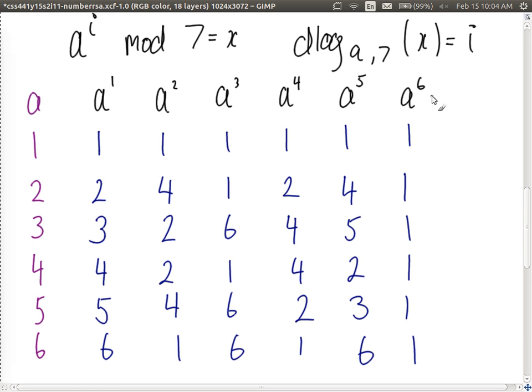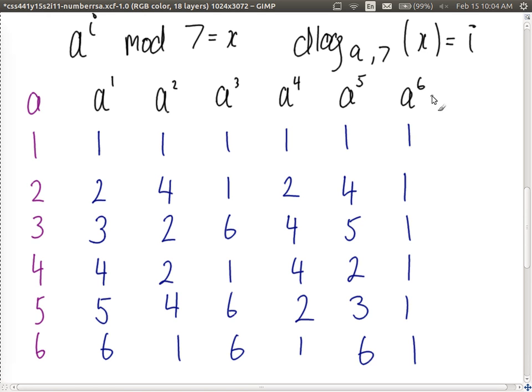What if the base was 3? A is 3. Discrete log base 3 mod 7, so the third row. If our answer x was 6, what's the index or the exponent I? Well, there's only one value of 6 here, so it must be 3.